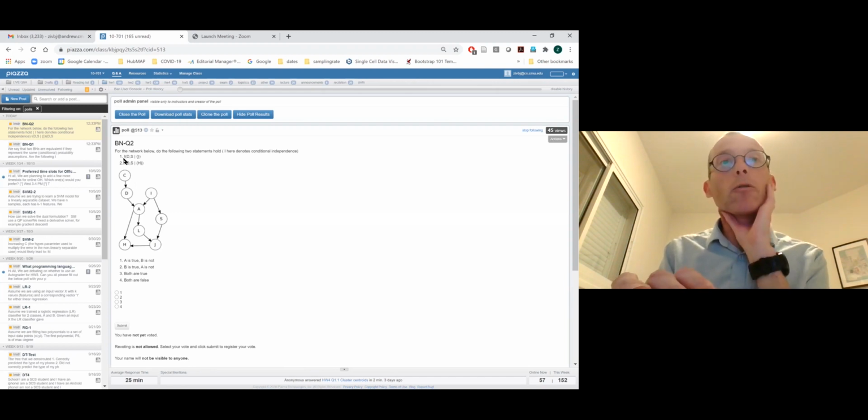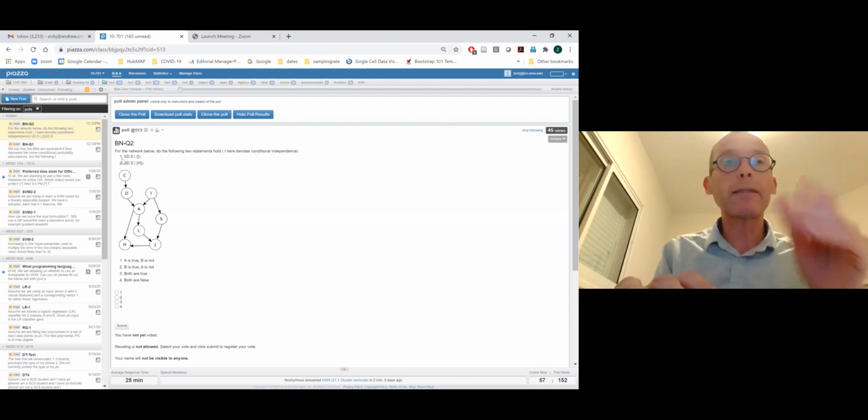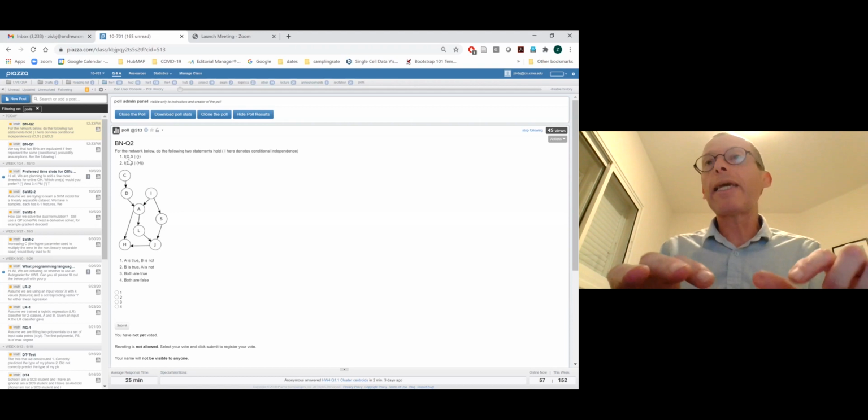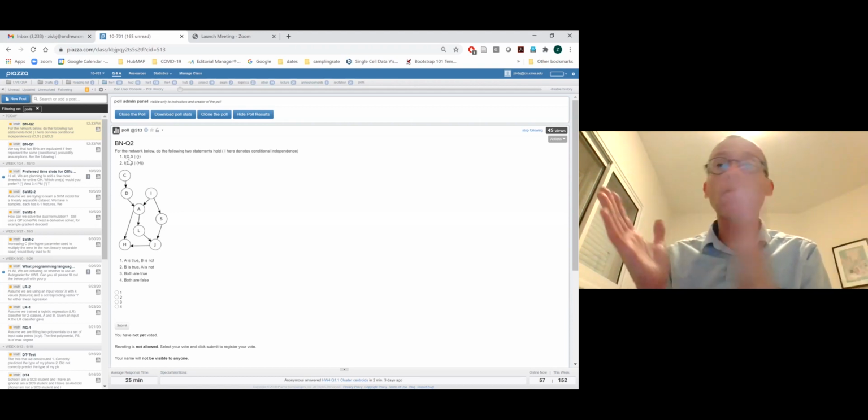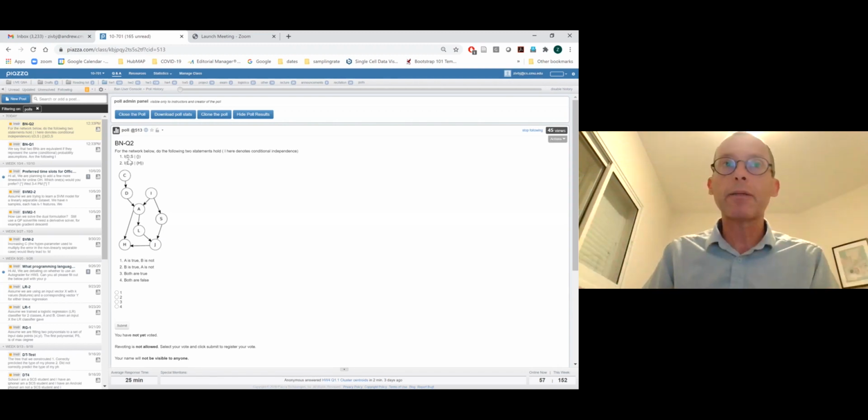So basically 1 holds. So A, I guess, is 1 in that case. D and S are conditionally independent given an empty set, or basically are independent. If we don't know anything, D and S are independent. What about 2? If we know H, then we have a path between them that contains a collider.